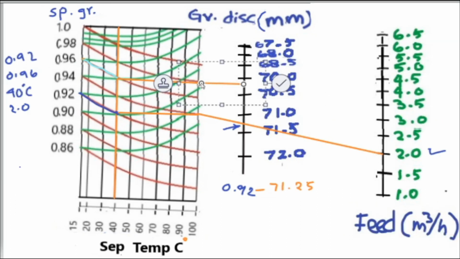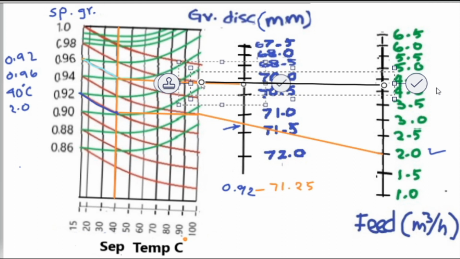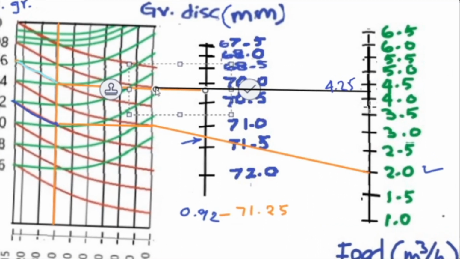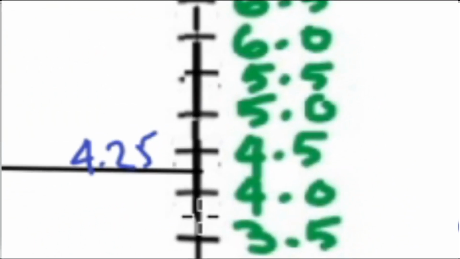Now, if we go along the horizontal path, we see that we are following the feed rate to be around 4.25 meter cube per hour.